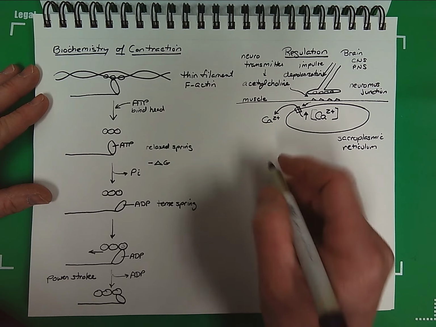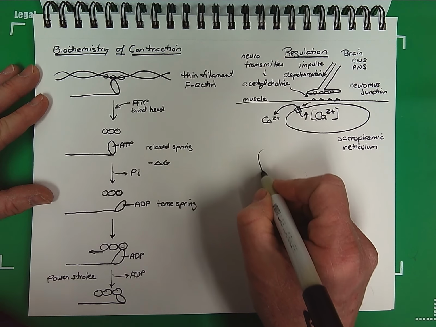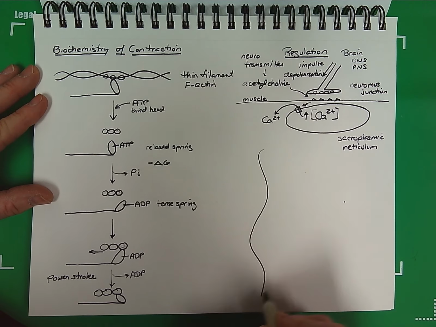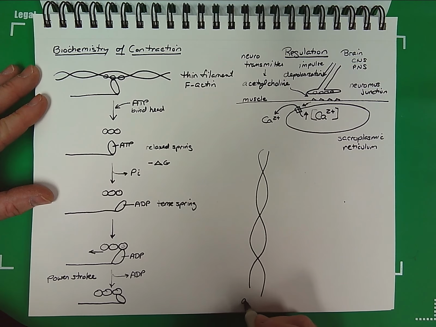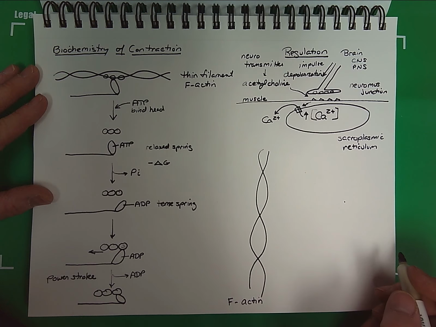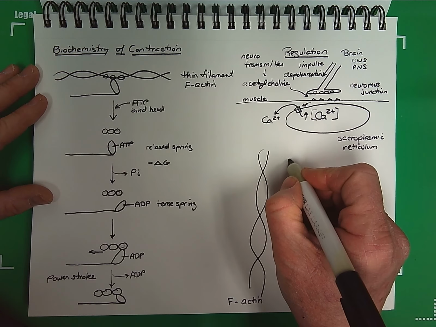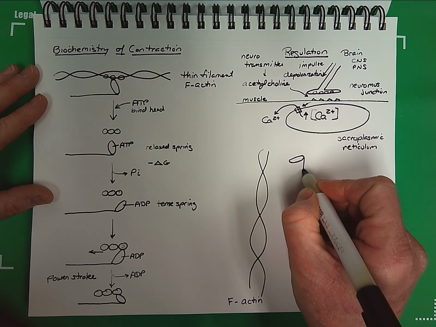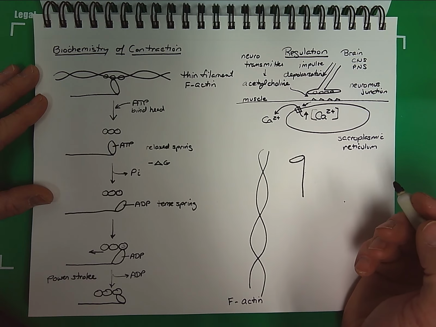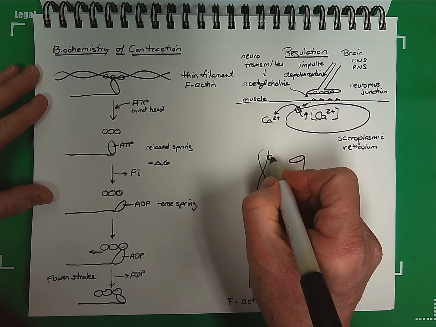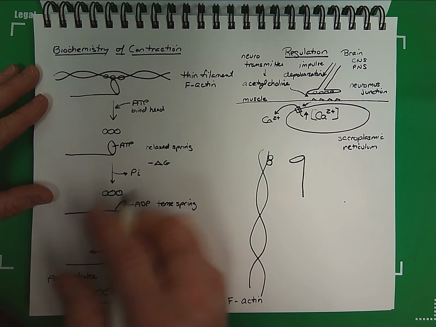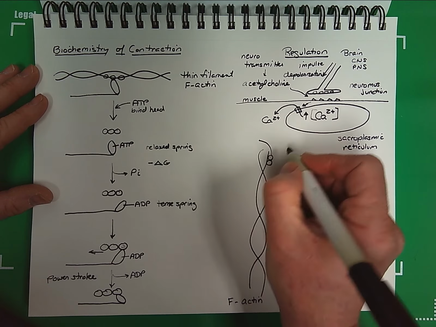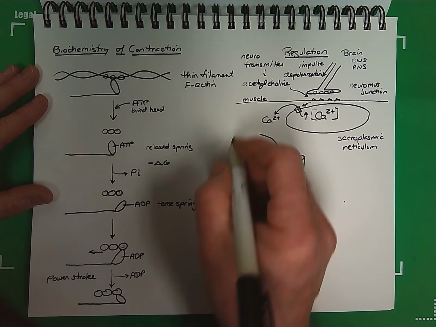And it does so by a very specific mechanism. Let's say this is the thin filament of actin. So this is our F-actin filament. And here is our myosin head. Here's our head, and here's the tail. There are complexes of protein that are bound to the actin filaments. These complexes consist of two specific proteins.